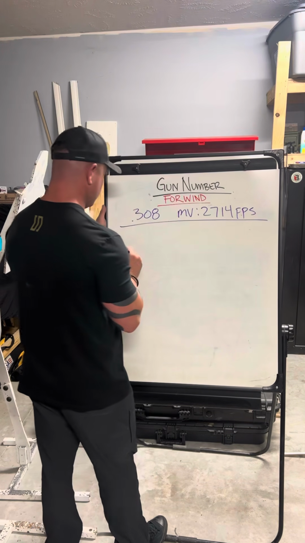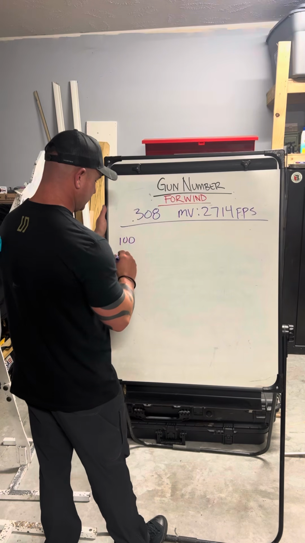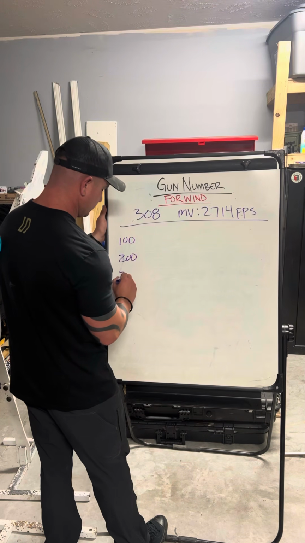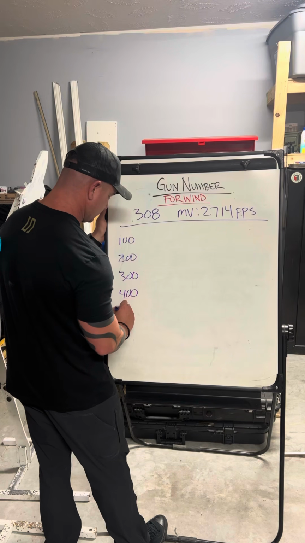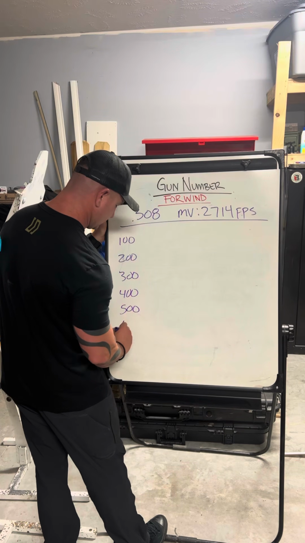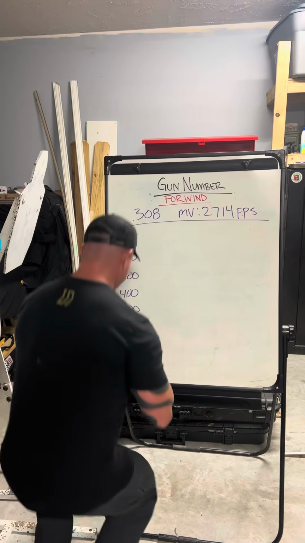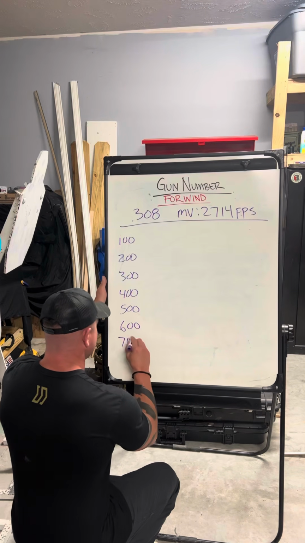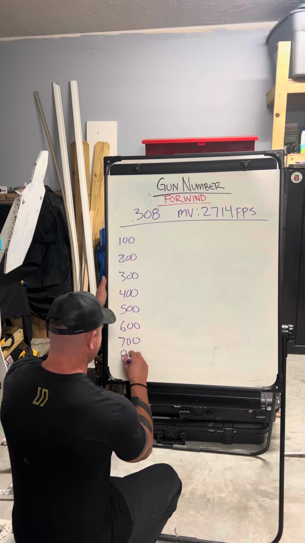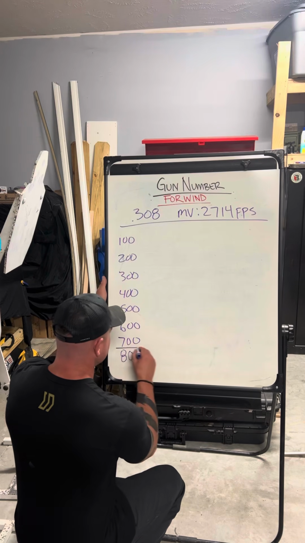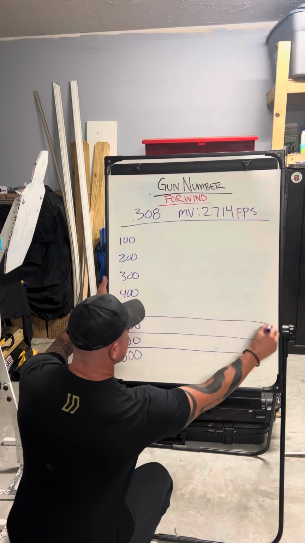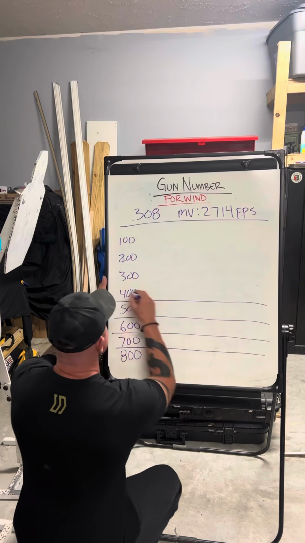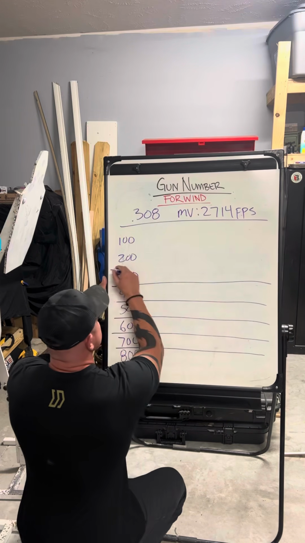Okay, so I'm gonna have 100, 200, 300, 400, 500, 600, and just for informational purposes, I will go all the way down to 800, just to show the comparison all the way out.